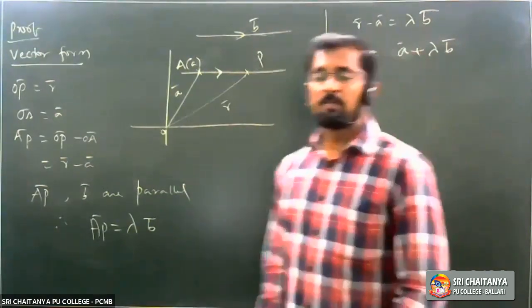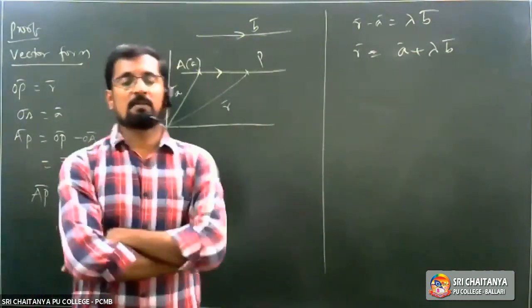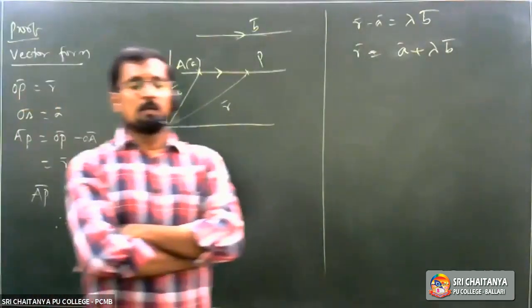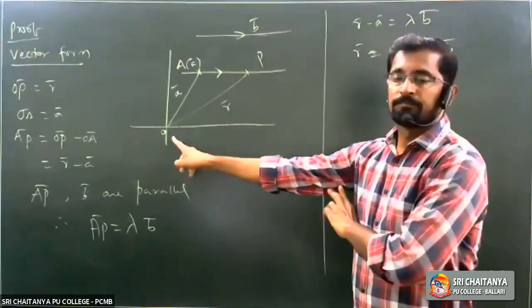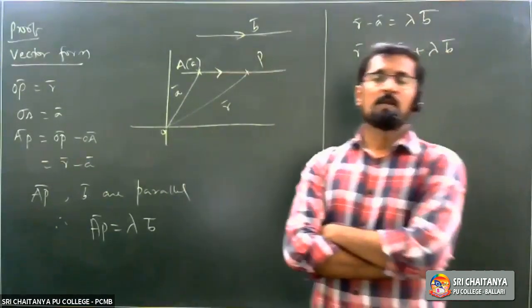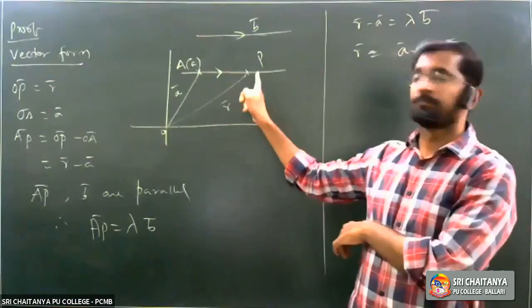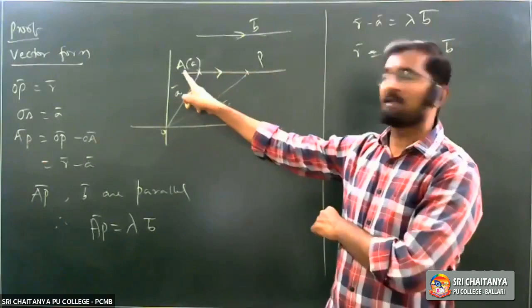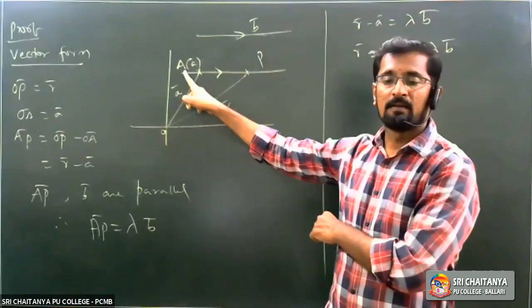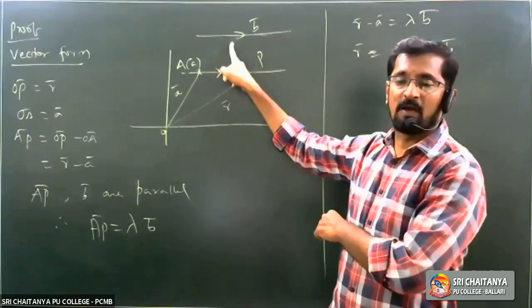I am repeating this vector form of line. Okay, observe that board clearly. Let O be the fixed point. P be the point on the line which passes through the point capital A, and this line is parallel to the vector B bar.